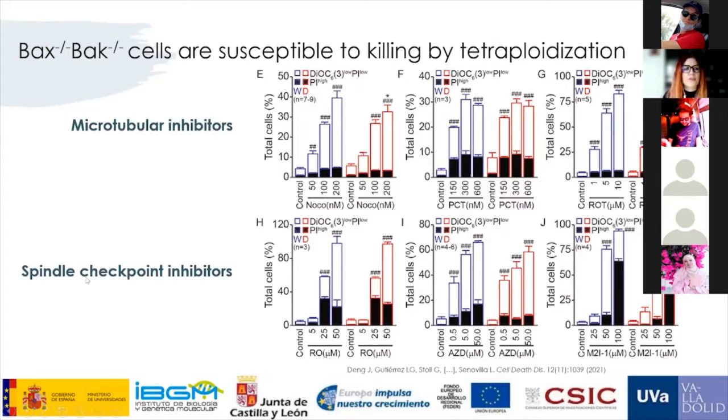But also we observe that with spindle checkpoint inhibitors like RO3306, which is an inhibitor of PLK1, ZM447439, which is an inhibitor of Aurora B kinase, or M2I-1, which is an inhibitor of MAD2, the percentage of apoptotic cells is similar in wild type and in the KO cells. So that means that the double KO cells are susceptible to killing by tetraploidization.